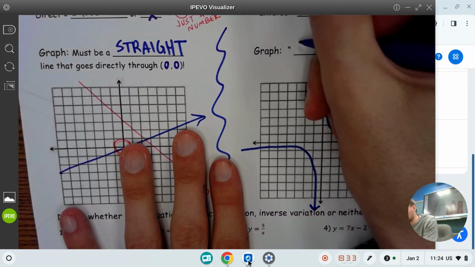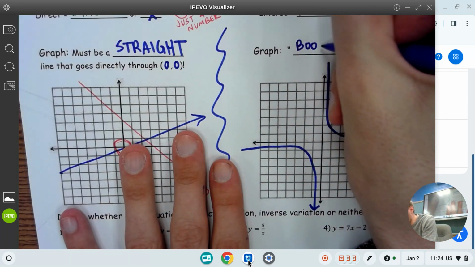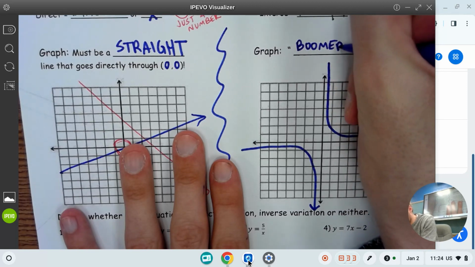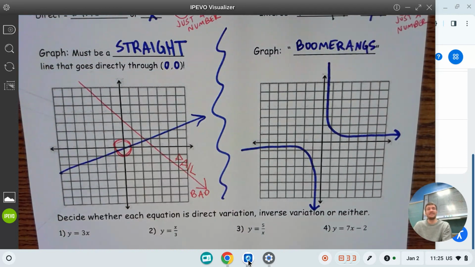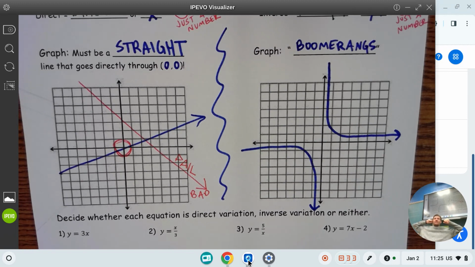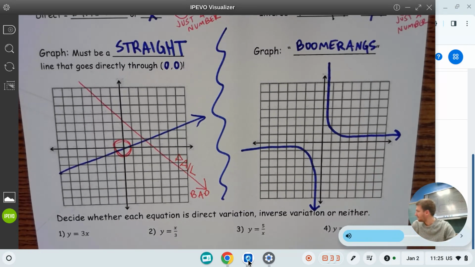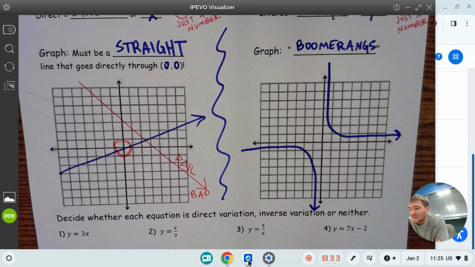So here's the best that they got. Other teachers like to use boomerangs with an S because there's two of them. You guys know what a boomerang is? No. It's a nice weirdo curved thing that you throw when you're like in Australia or something, and you throw it and it comes back. Now, with this, I think boomerangs is good enough.